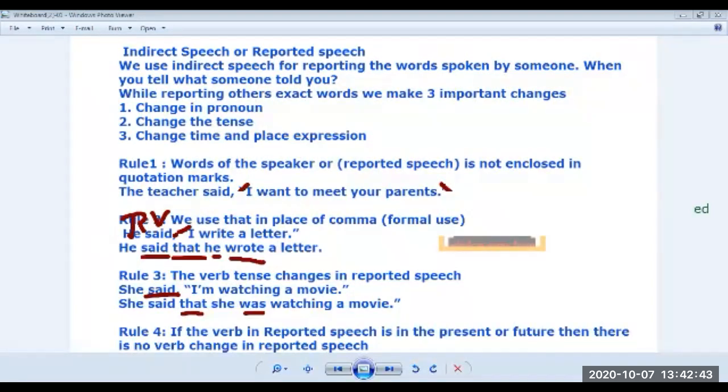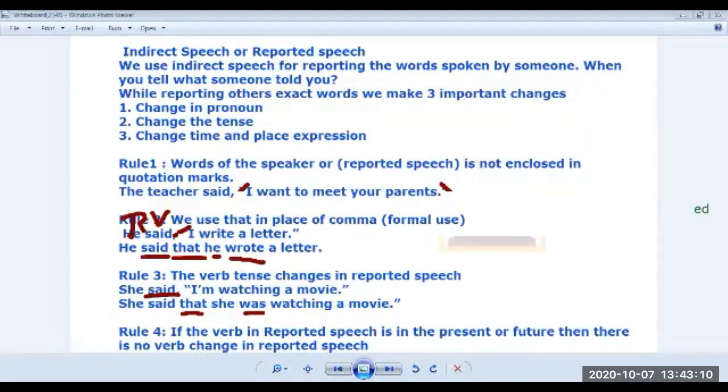Why don't we change the word watching? Because that's continuous. The action is happening, so we don't need to change that verb. If you change it, it becomes, she said that she watched a movie. That means you are changing the tense.